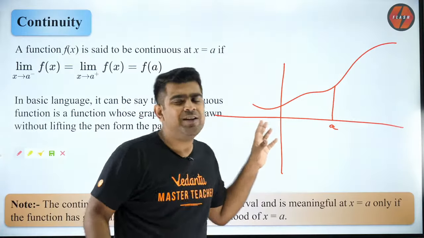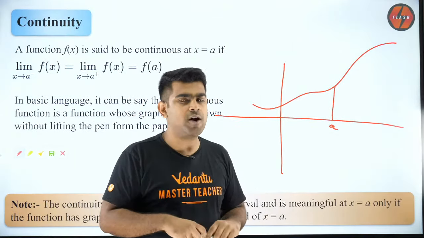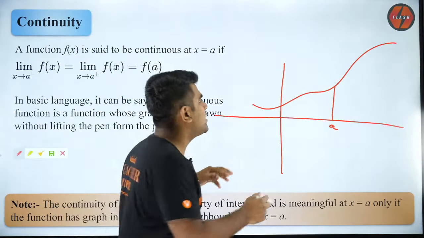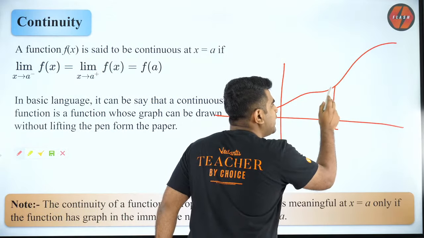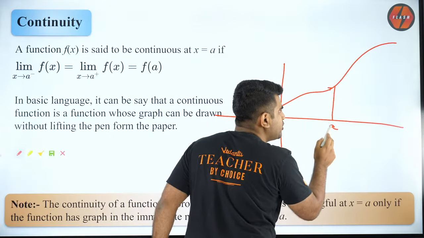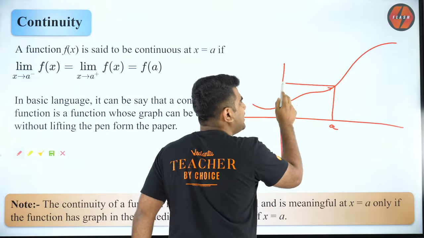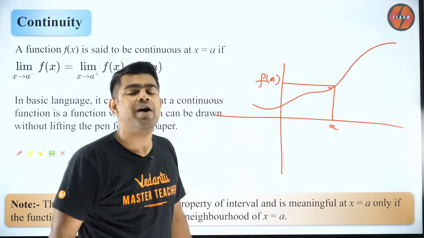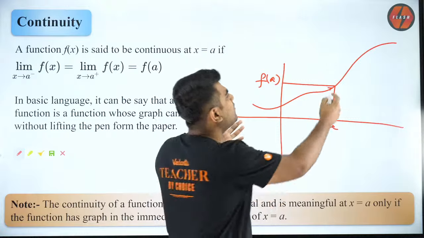But that is the very generic way of talking about it. If you want to look at the mathematical way, what you have to say is, to the left side of it, the function should approach the same value as it is at A. At A, the function value is f of A, because the function is f of x.